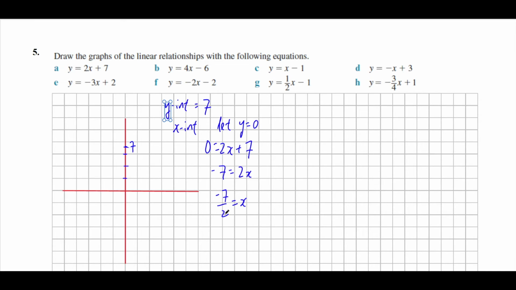X-intercept is -3.5. So this is -2, this is -4. So I guess -3.5 is somewhere here. And then once you find the x and y-intercept, just connect the two dots. So just draw a straight line.